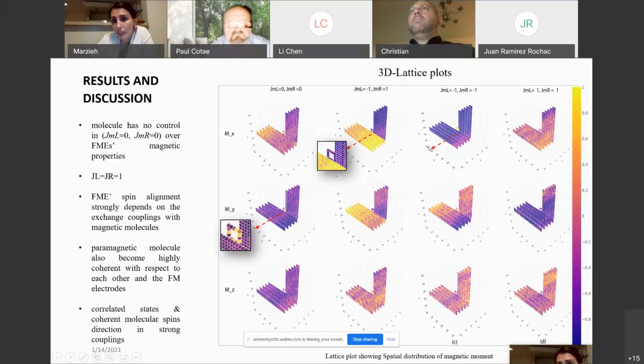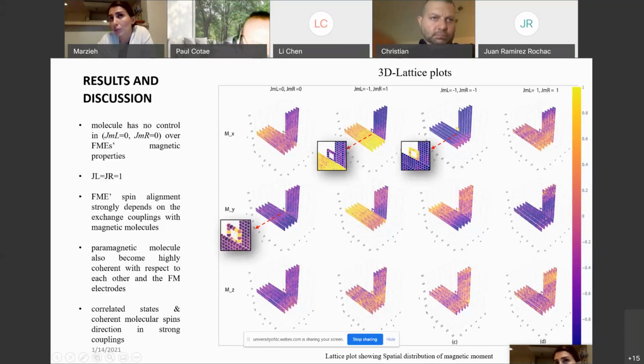When we go to the next case, -1 and -1, we see that the molecular induced coupling has been successful to create antiferromagnetic coupling of two electrodes with respect to the molecule. Again, the molecule has a strong correlation, and the spin orientation of the molecule and also the spin orientation of the electrodes are coherent and correlated.